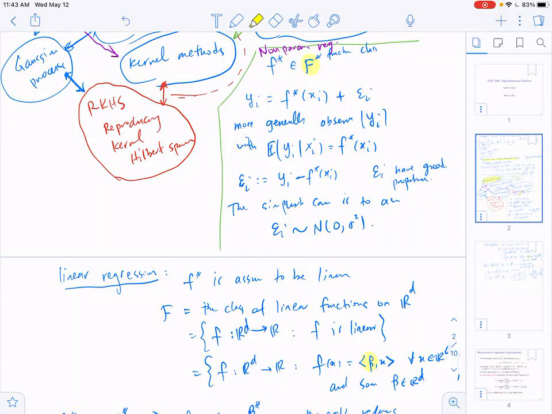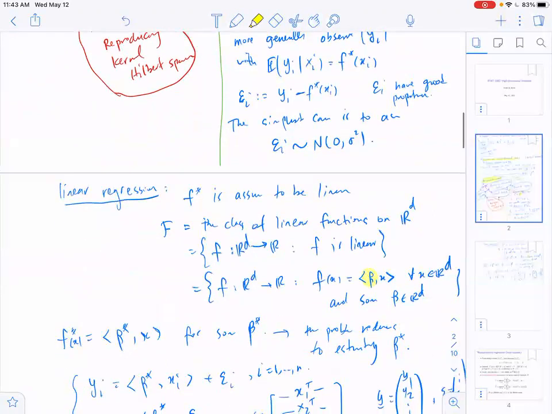So this class of functions is infinite dimensional, and the idea is that by making this class big enough, I can make sure that I'm not imposing unnecessary assumptions on the regression function. You might know that linear functions are a very severely limited class.